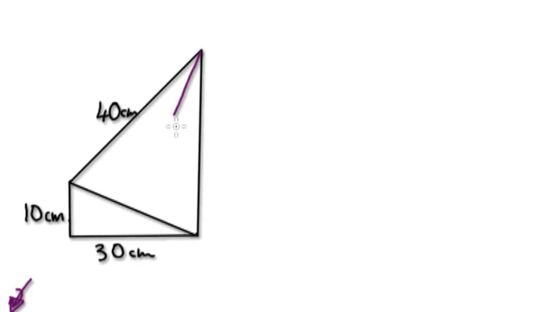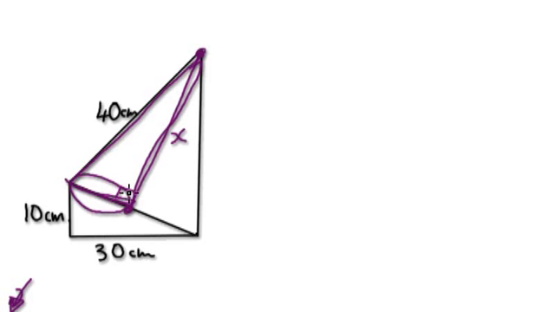Okay, if you split up like this here, the height of the cone is given by this. Let's call it x. You want to work out x. When you split it down here, you've got yourself a right angle triangle. But you need to know this length.